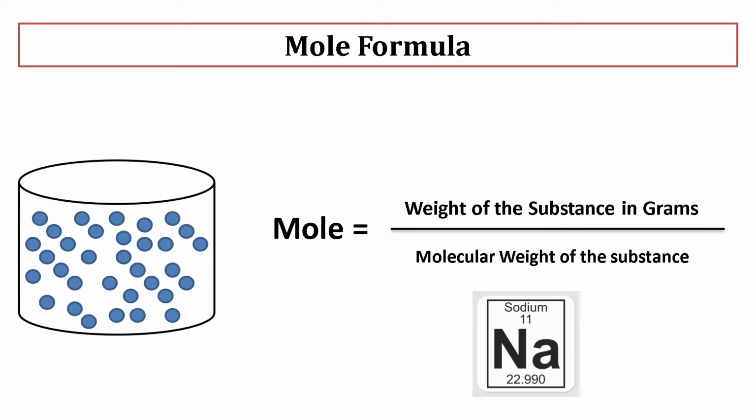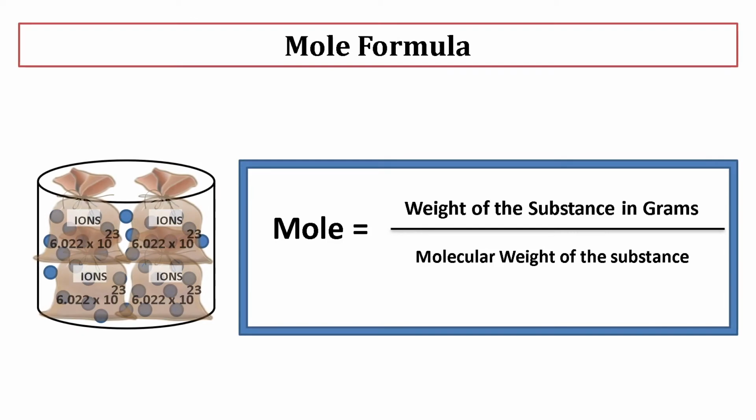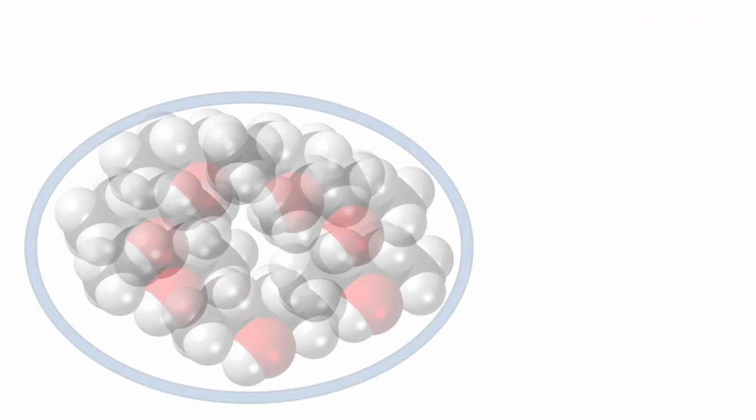Thus, the formula of mole will be the total weight of the substance in grams divided by the molecular weight or the atomic weight in grams. That means it will denote how many molar bags will fit in a given weight of the substance.